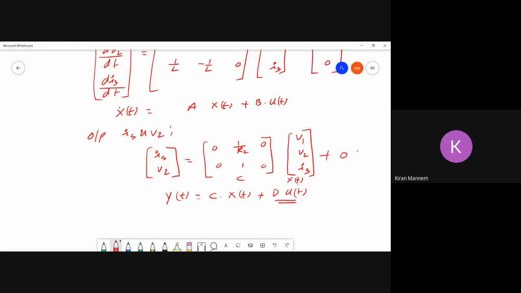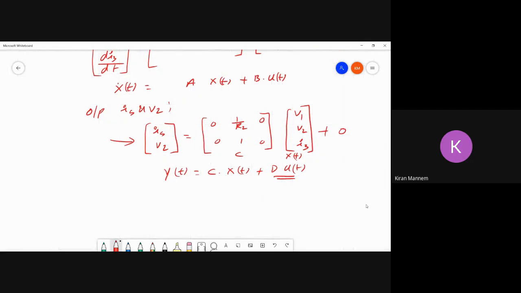If I multiply, I5 by R2 is nothing but V2 here. Check the other terms and you will get the output equation.